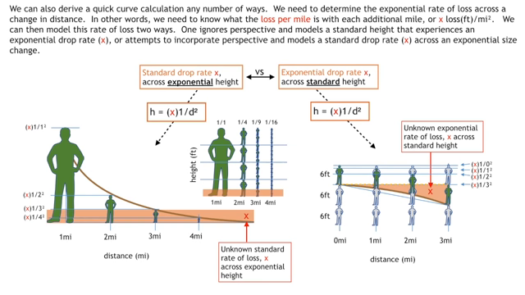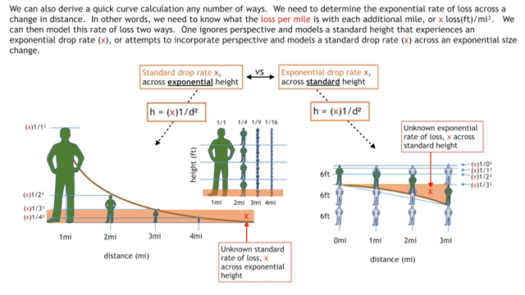So here we have our two possible ways to model this, but the same equation. You have a standard drop rate x across an exponential height change, which you could then place into perspective to view something getting smaller with distance and parts of it getting cut off with that distance. So height is equal to x, some constant that is going to be some unknown standard rate of loss across 1 over the distance squared to give us our exponential height change.